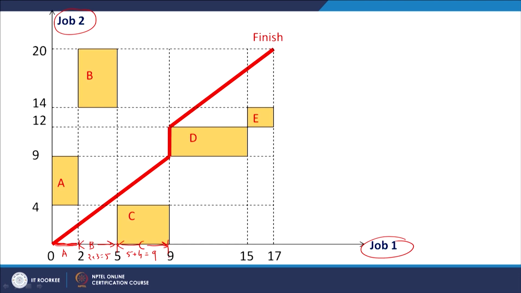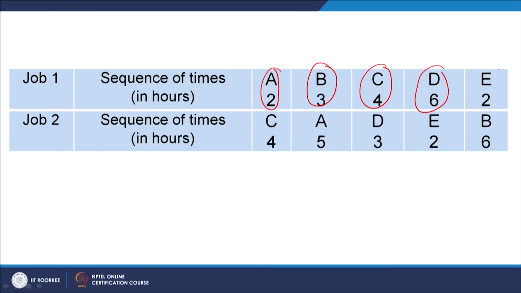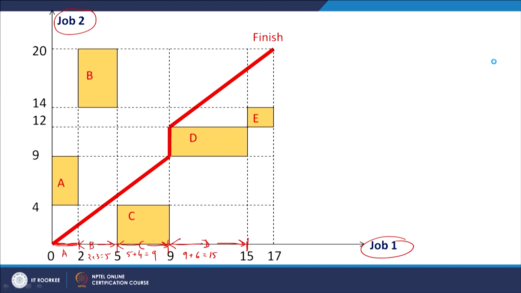So, 9 plus 6 is 15 and this is D. And finally, the last one, E. It requires 2 hours. Therefore, 15 plus 2 is 17. So, here is our E.